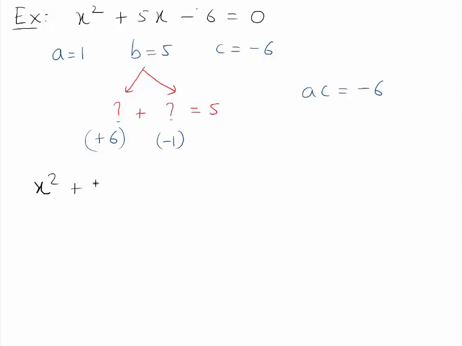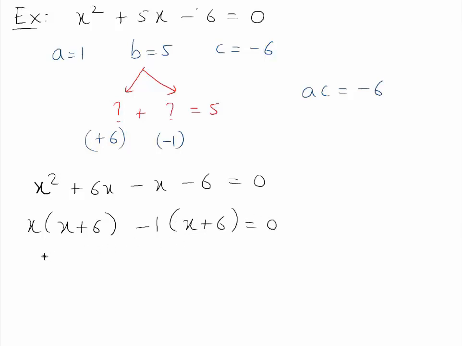So x square plus 6x minus x minus 6 equals 0. Now we can group these two together and these two. So here we can take x common, we'll get x plus 6. Here we can take minus 1 common, we will get x plus 6. So overall we can take x plus 6 common.